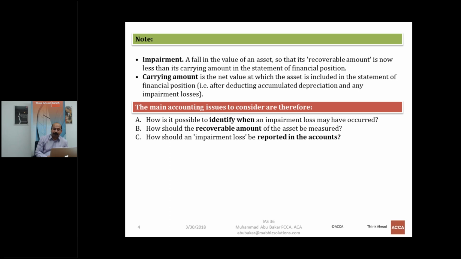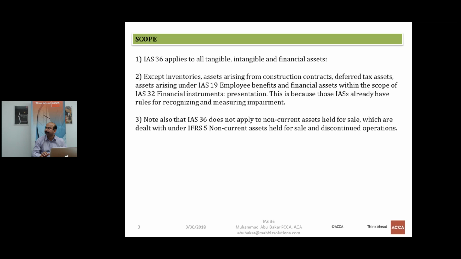This standard is applicable to tangible, intangible, and financial assets, except inventories, assets arising from construction contracts, deferred tax asset arising under International Accounting Standard 12, employee benefits under International Accounting Standard 19, and financial assets within the scope of International Accounting Standard 32, financial instruments presentation.